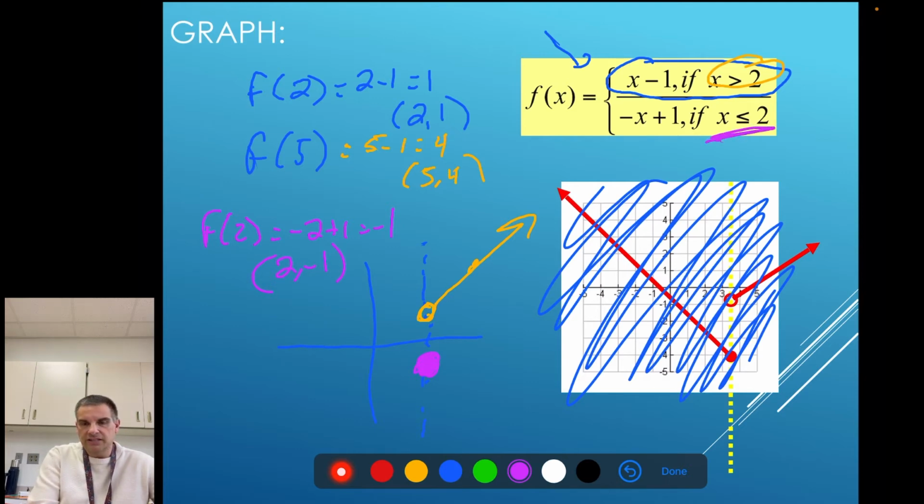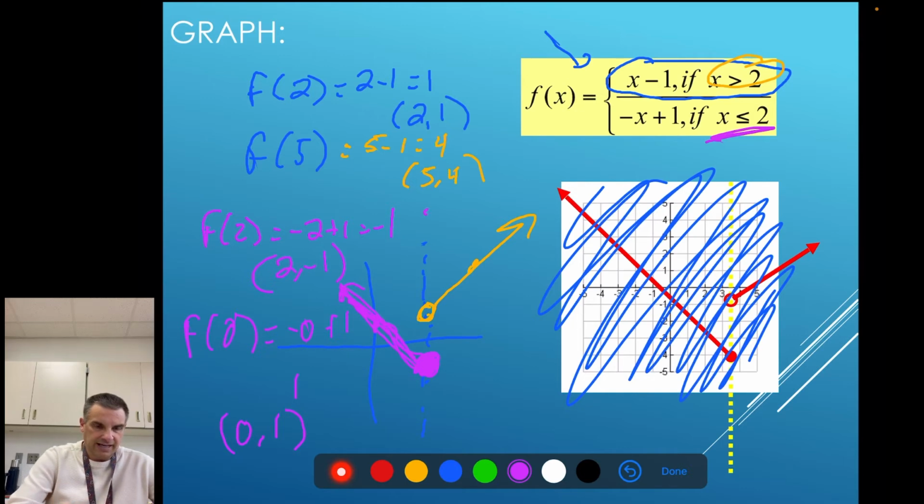Now because this is all x values that are less than 2, I'm just going to pick 0. I can pick any one I want over there. So that's negative 0 plus 1, which is 1. So now I know I've got the point 0, 1. On my graph, 0, 1 is right there, and that goes off in that direction. So that's what that graph is going to look like.